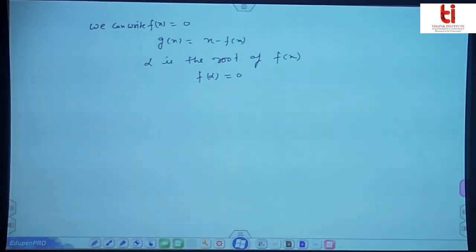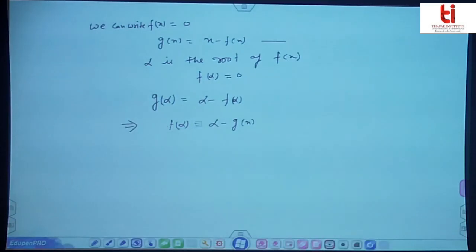So g(alpha) will be what? From here it will be alpha - f(alpha), which is alpha.